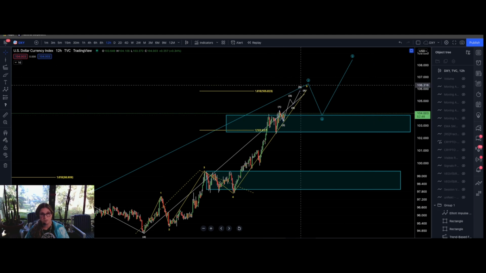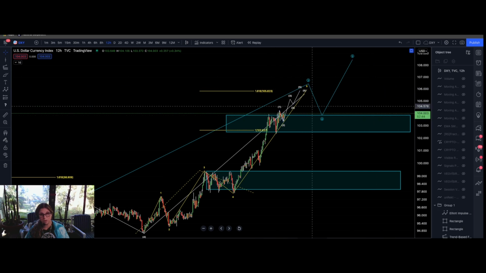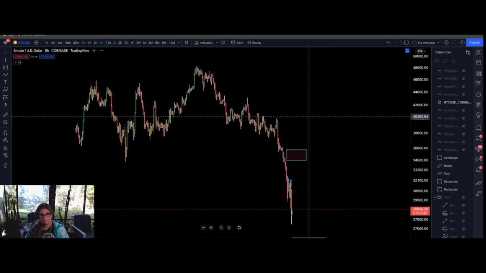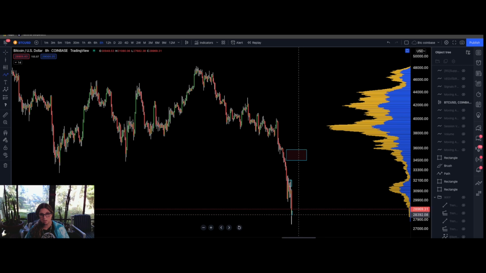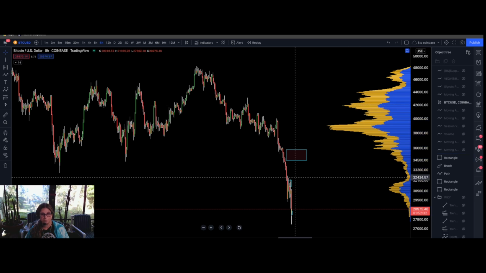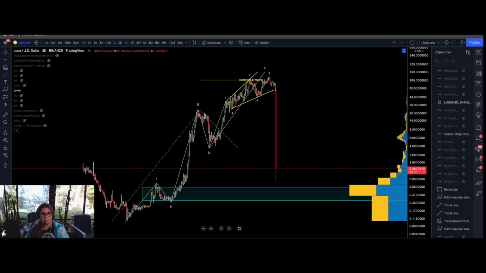So we have some more upside, and then hopefully when this corrects, it will allow Bitcoin to give us a decent relief rally to the upside. Hopefully. Okay?